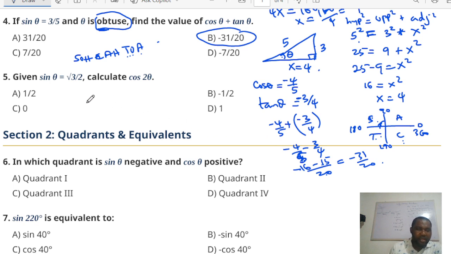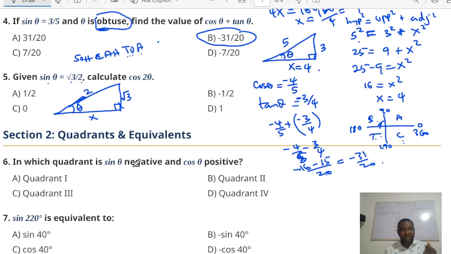In this case, let's draw our Pythagoras theorem, our right angle triangle. And let's say this is theta here. Sine is opposite over hypotenuse, like we said. That means this is root 3 and hypotenuse here is 2. So we don't know what adjacent is.